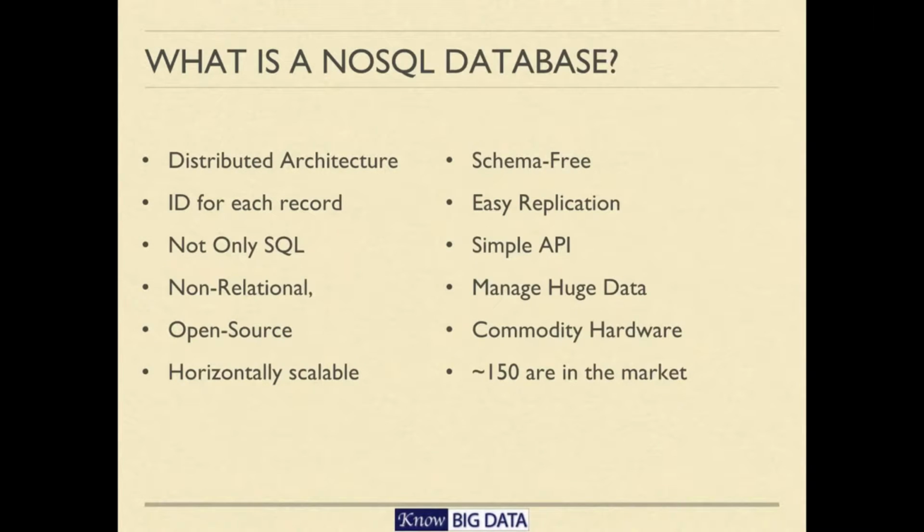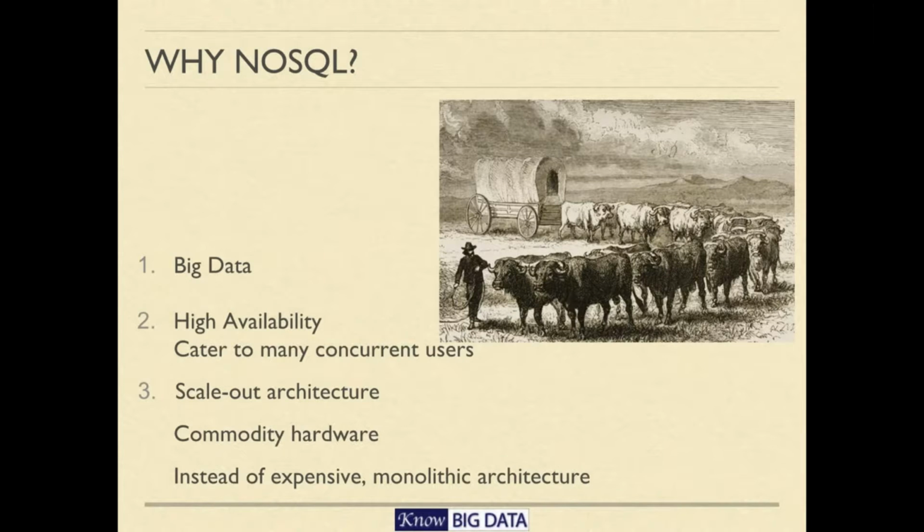All right. Now, what is a NoSQL database? These are a few properties, and all of these properties stem from the same three ideas. We want big data, as in we want to store petabytes of data.